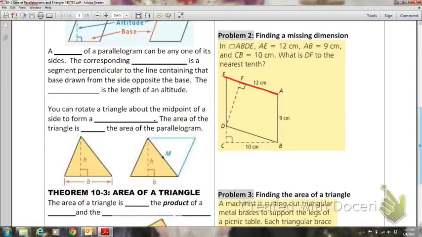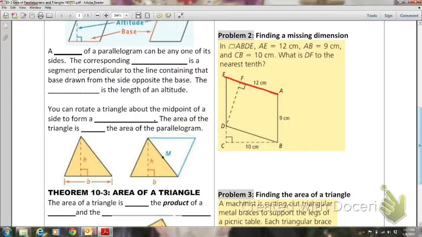CB is measured on the outside, so it is a height between DE and AB that is 10 centimeters, and it wants you to find the height that's on the inside, which is the length from D to F.